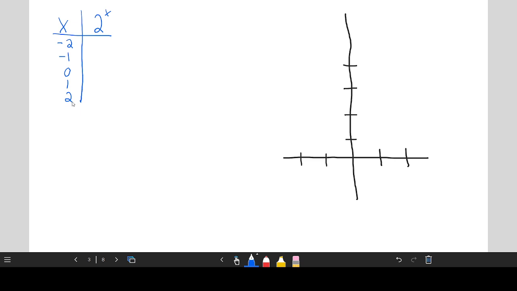And so I'm going to start actually with the largest one and work backwards. So if we plug in 2 for x, we've got 2 squared, which is 4. If we plug in 1 for x, we have 2 to the first, which is 2. If we plug in 0 for x, we have 2 to the 0, which is equal to 1.